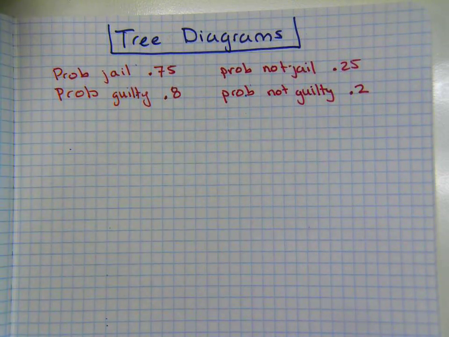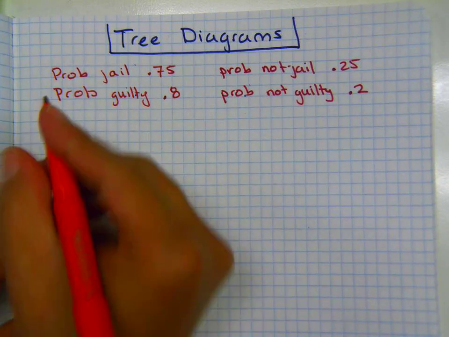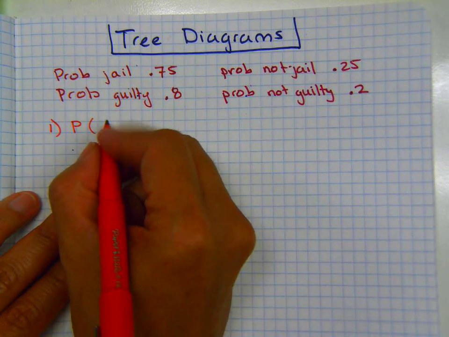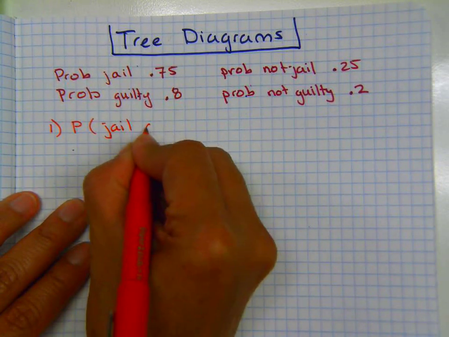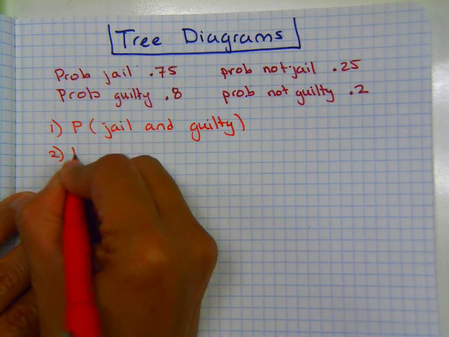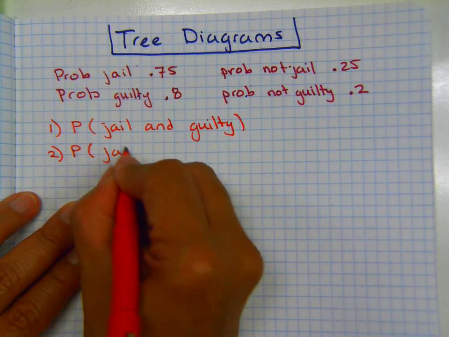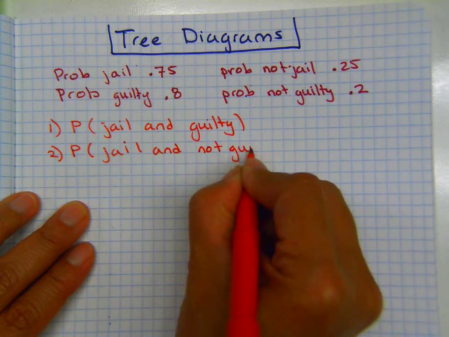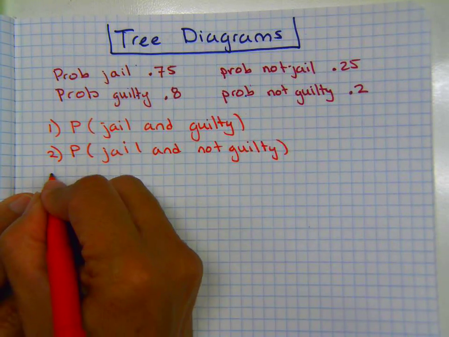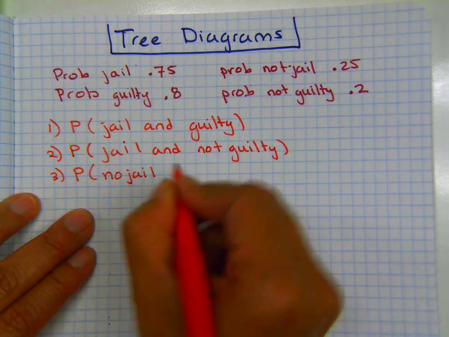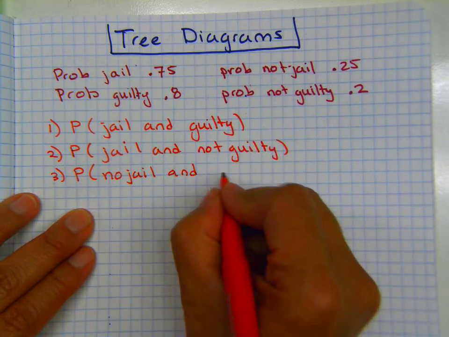So now let's take a look at some questions that we can ask around the situation. So I could ask you, number 1, what's the probability that you go to jail and you're guilty? 2, what's the probability that you go to jail and you're not guilty? 3, what's the probability that you don't go to jail and you're guilty?